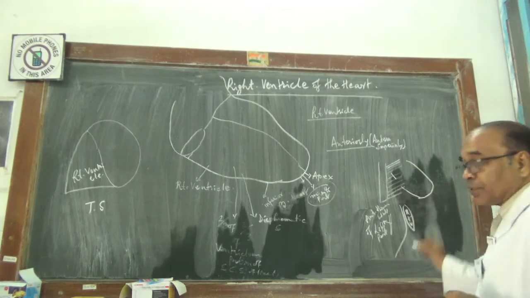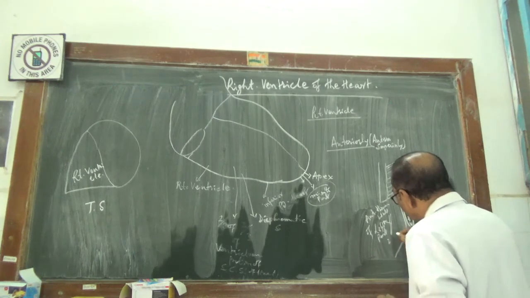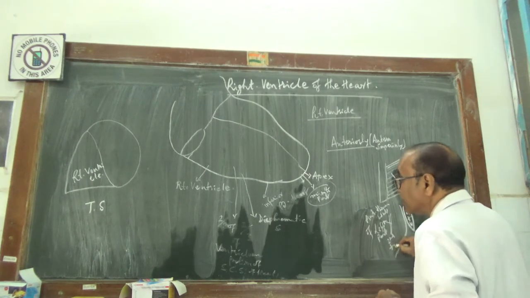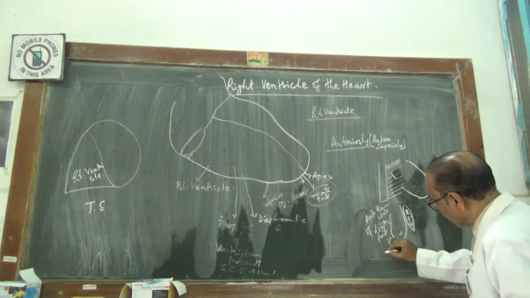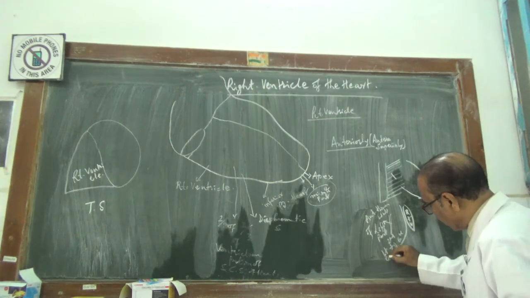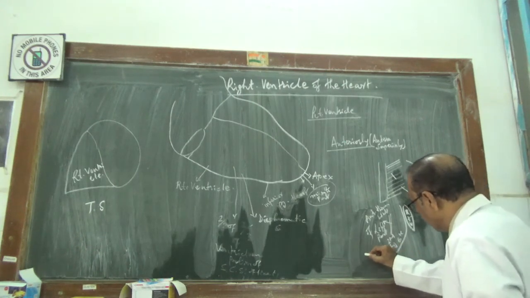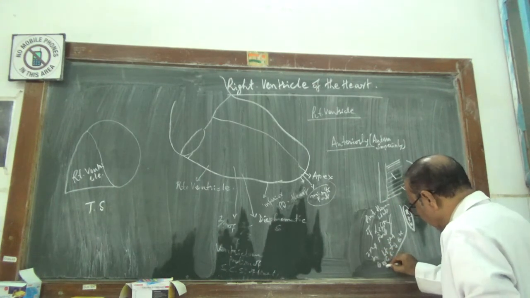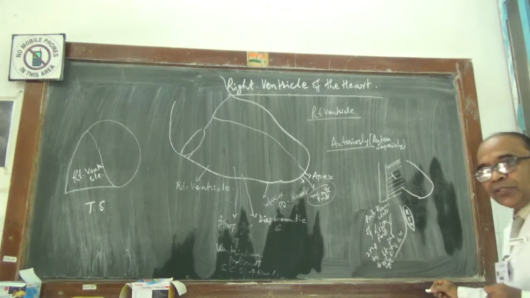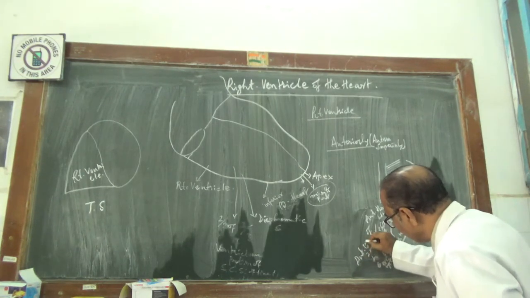Then the second to sixth left costal cartilages, then the second to sixth or seventh anterior ends of the ribs.